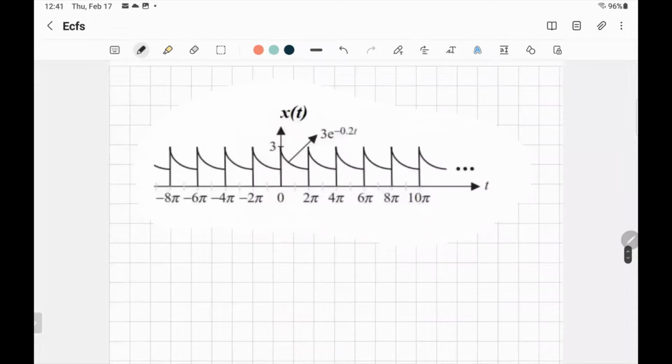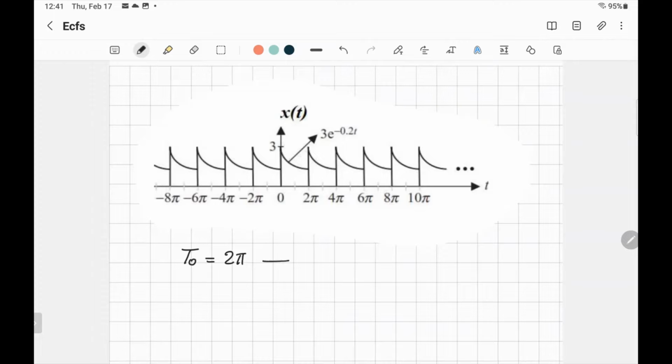I'm taking a function that is not a simple one, not a straight line or square wave. It's an exponential function, and it's defined over a period equal to 2 pi. If you observe, it goes from 0 to 2 pi and repeats itself every 2 pi. So I can say that the period of the signal is equal to 2 pi. That's the first thing we do.